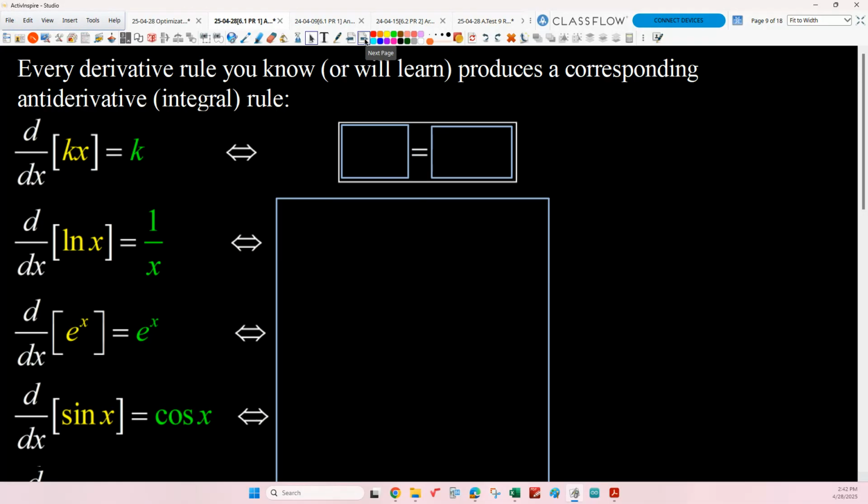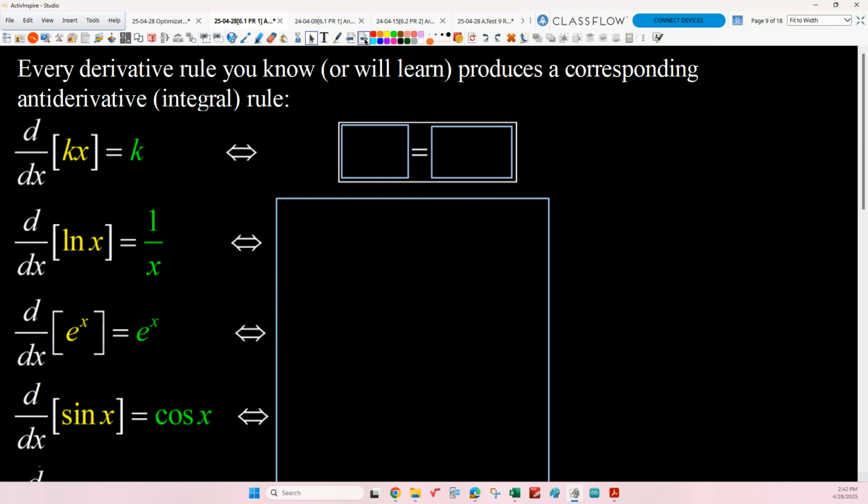We can do this for all of the derivatives that you already know. For all of the derivative formulas or rules, we can just flip those around, and for free, you're going to get an antiderivative rule. Okay? So for example, what's the derivative of kx, where k is a constant? k.